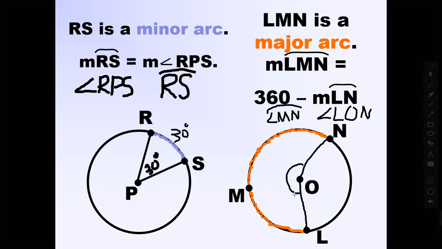If this central angle is 120 degrees, then its arc is also 120 degrees. That means the arc LMN is 120 degrees, and the angle LON is also 120 degrees.